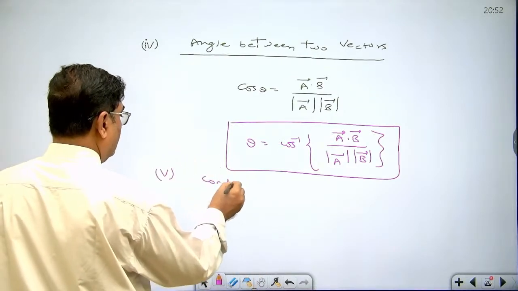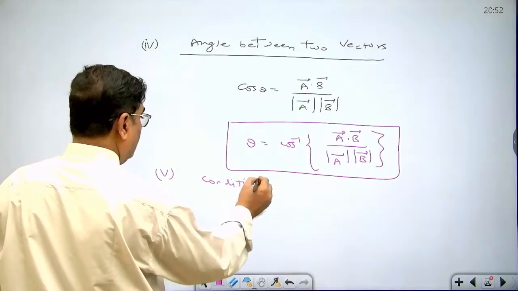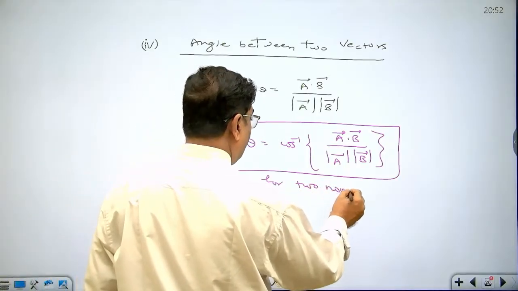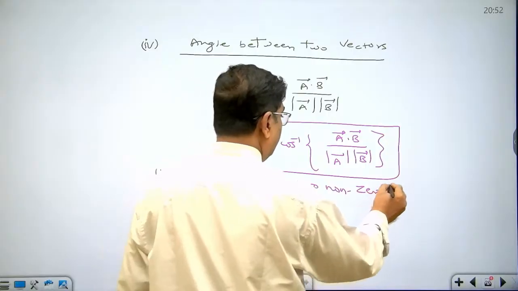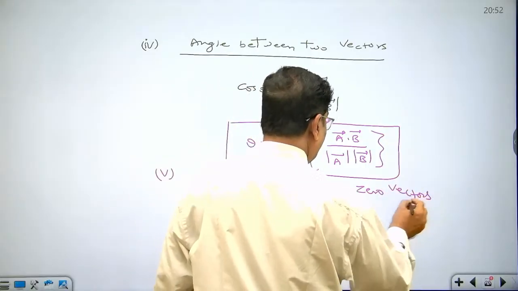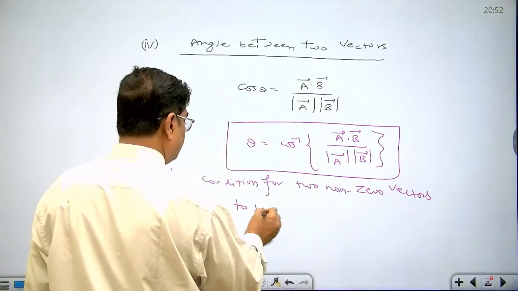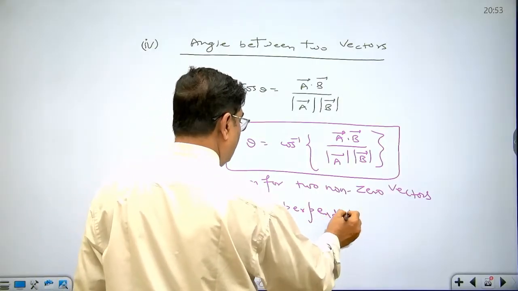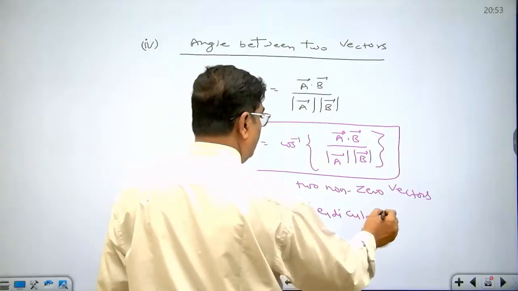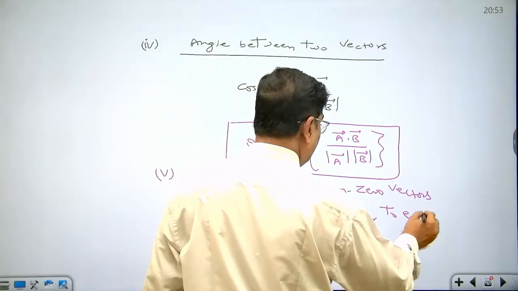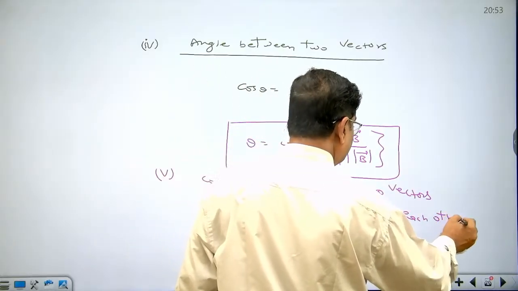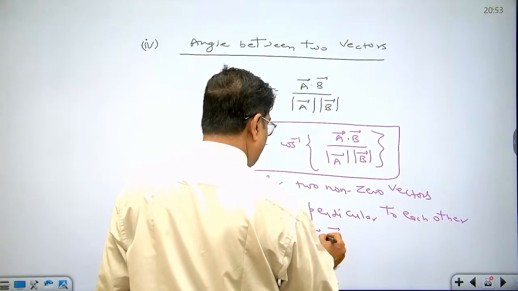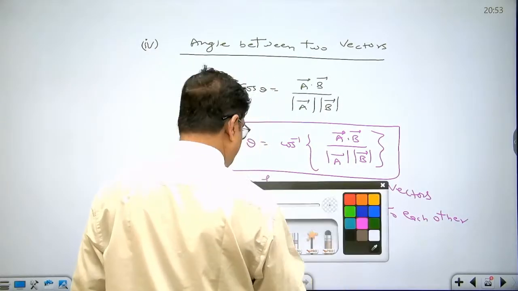Condition for two non-zero vectors to be perpendicular to each other is that their dot product must be equal to 0, and vice versa.